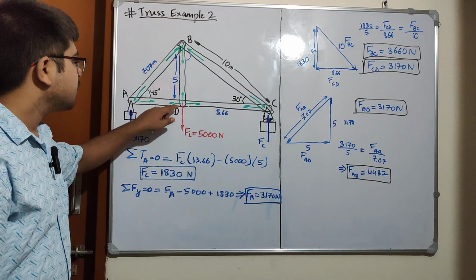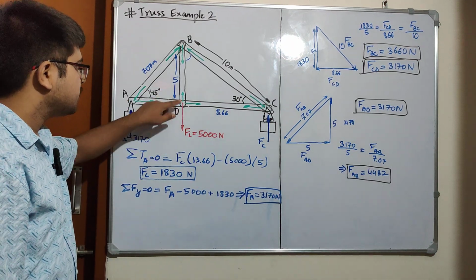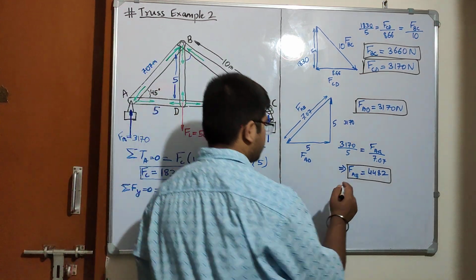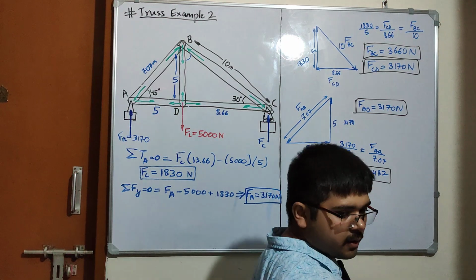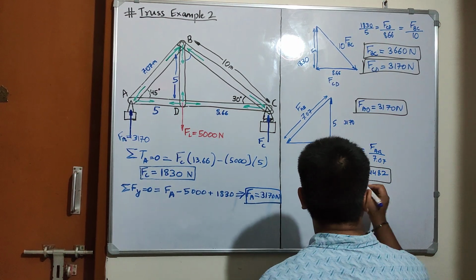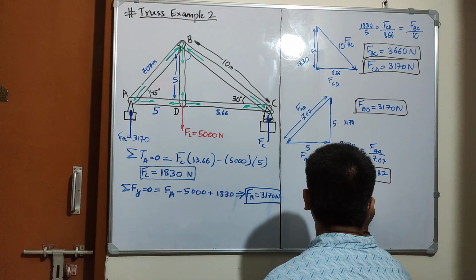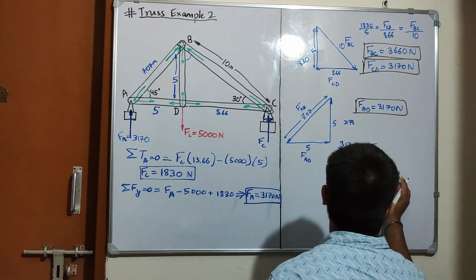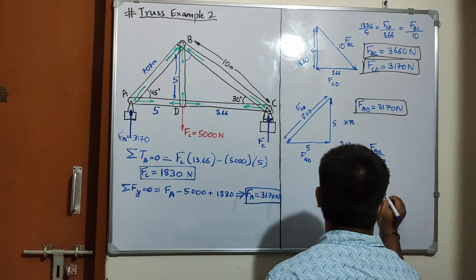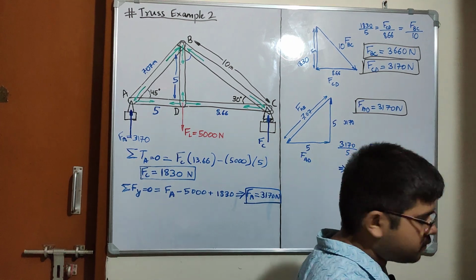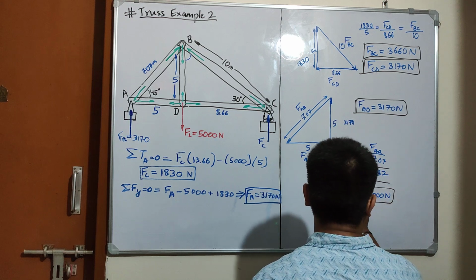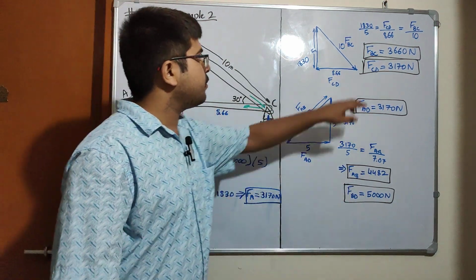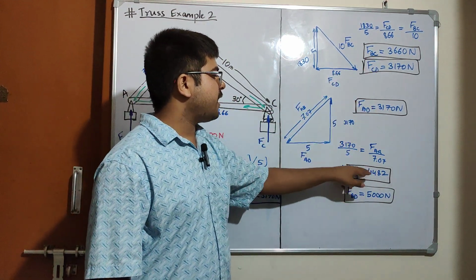Now we can see that in the summation of forces in the y direction, there is only one force in the y direction, that is 5000. So FBD equals 5000 newtons. So these are the internal forces in the 5 members.